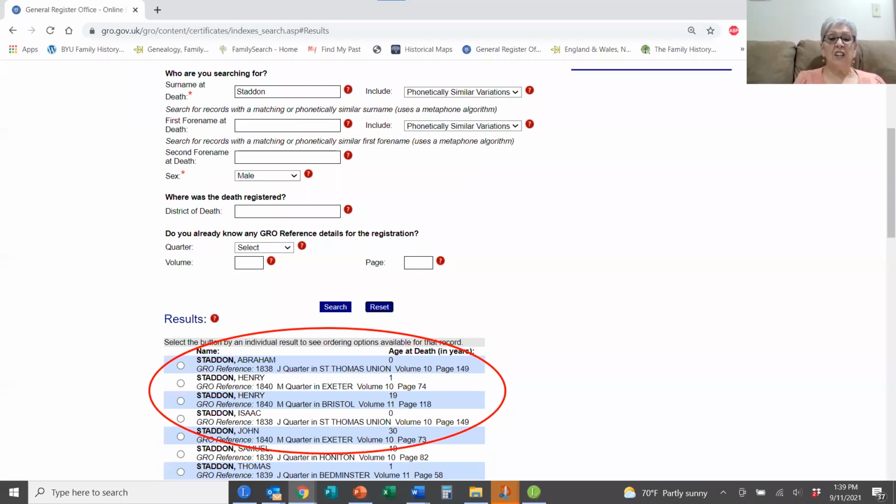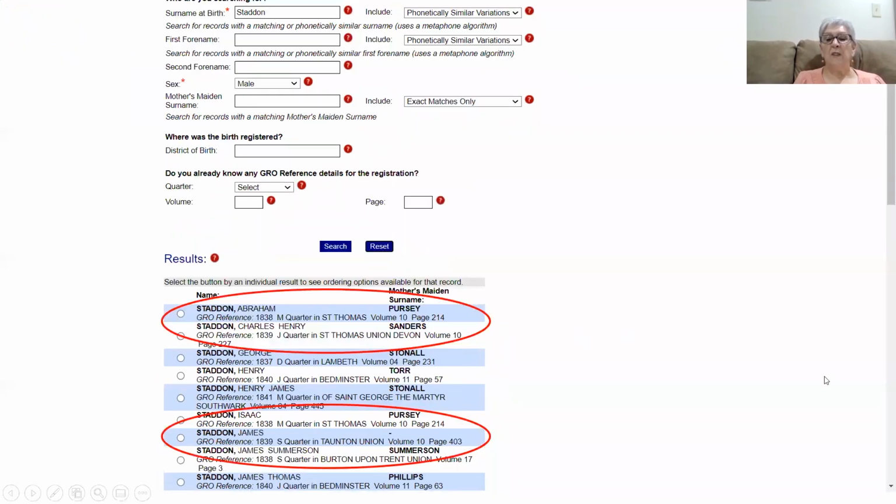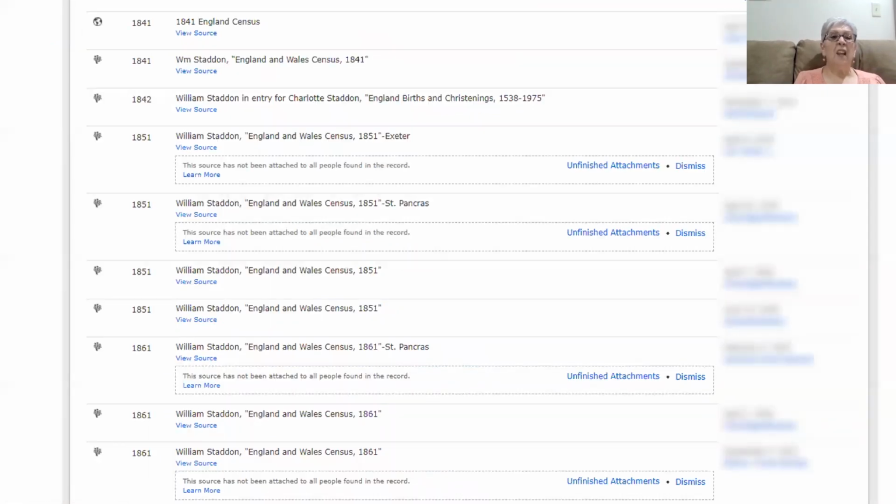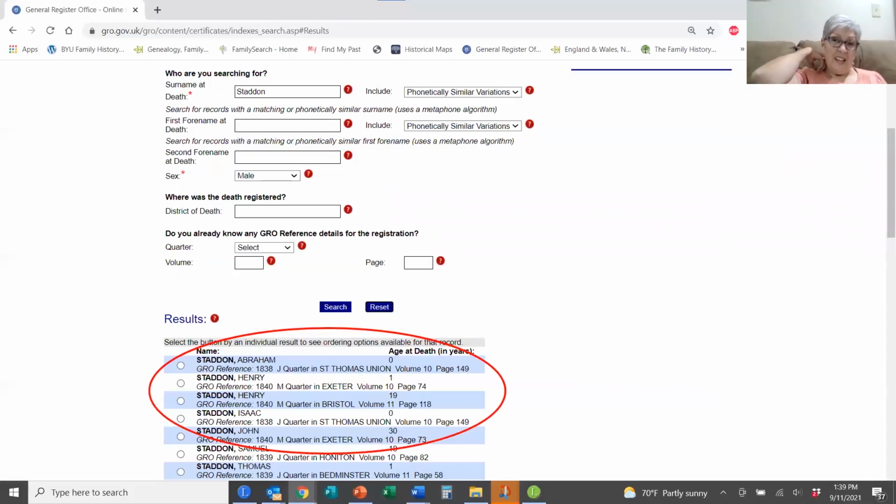Interestingly enough, if you look at the volume number and the page number, they're both on the same volume and the same page, and they were twins. So it makes sense, Abraham and Isaac, both twins that were born and died, and they're on the same volume and page number in their death as well. So sad, huh? Now I'm getting worried about this family.